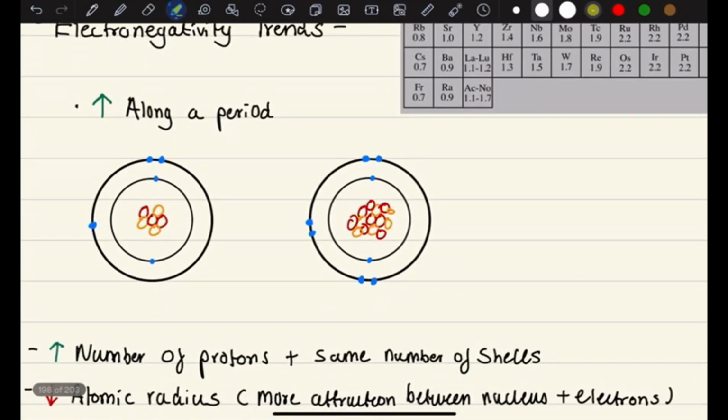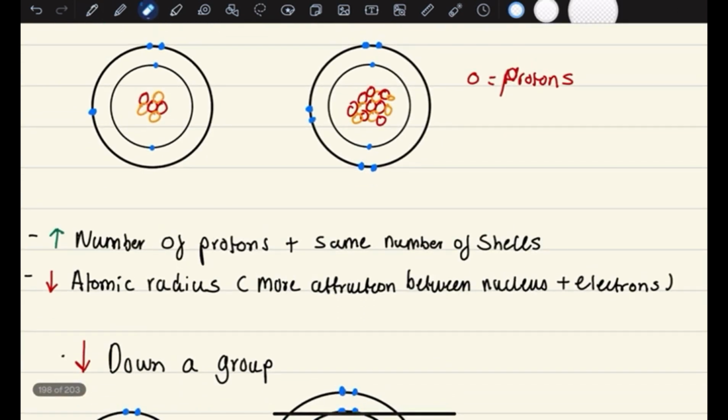So across a period, we increase our electronegativity. You can see here that there's a lot more protons on the right element than on the left. If the red is going to be a proton, there's a lot more of them. Right, and if we have more protons with the same number of electron shells, there's this phenomenon called shielding. I've said that word a lot, but shielding is basically about having more electron shells, which means it's more difficult to remove an electron from the atom of that element.